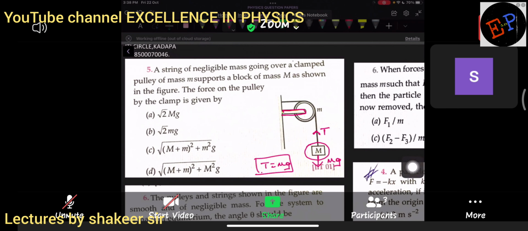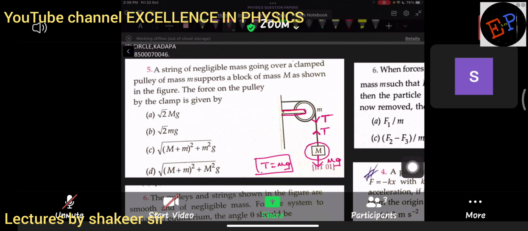Now the same tension, what is it doing on the pulley? It is pulling the pulley downwards. One tension is pulling capital Mg in upward direction, but the same tension is pulling the pulley downwards also.